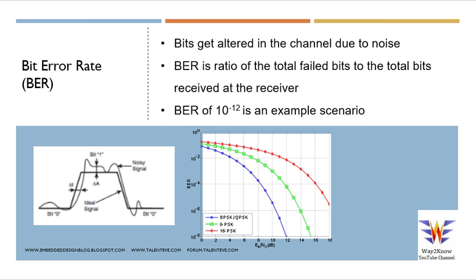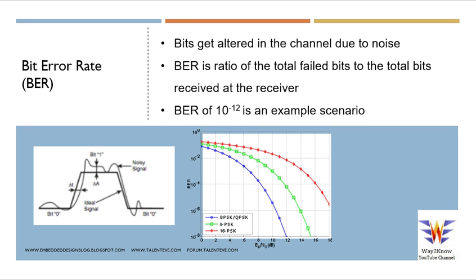So this particular ratio is very important and is like a important characteristic to determine the sanity of this particular channel. So example, we might have seen in many cases where BER of 10 to the power minus 12 is desired for high speed interface like the Ethernet. So we will talk about that scenarios later.